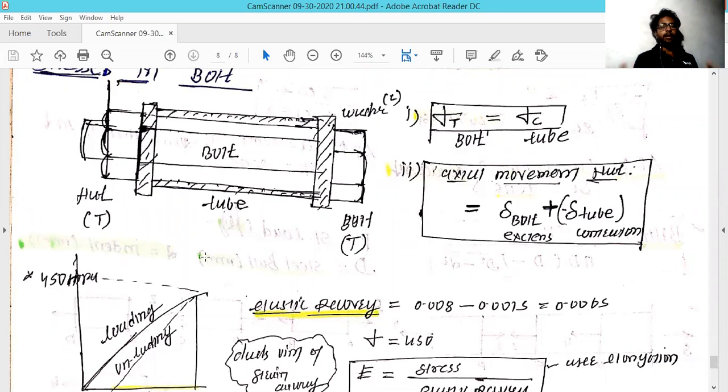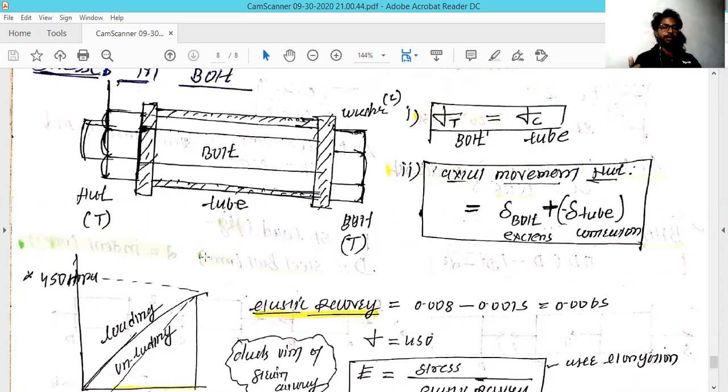And when you tighten that nut, the length is going to change. Most of the time there will be no change in the nut, only in the bolt length.